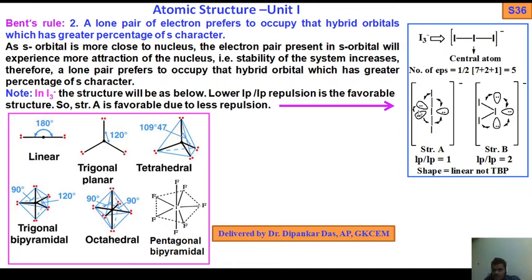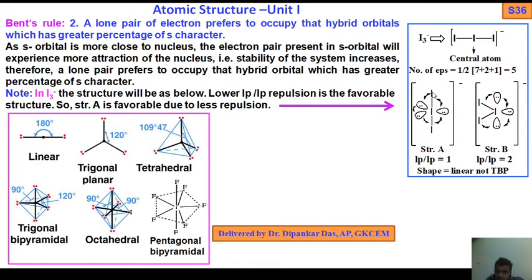So what will happen? Here lone pair repulsion is 1, because there is a lone pair-bond pair, there is a lone pair-bond pair. But in structure B, the LP repulsion is 2. So in structure A, LP repulsion is 1, that is minimum, so that is the favorable structure.